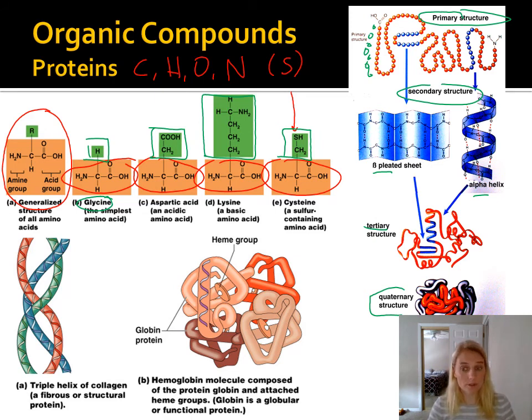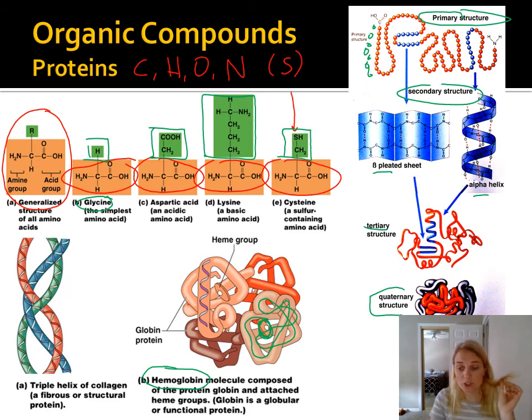Some examples of quaternary proteins: hemoglobin. Hemoglobin is a quaternary protein with 4 tertiary blobs. I'll try to track this one right here. It's folded, and it's got the iron-containing heme in the middle. That's where the oxygen binds. So there are 4 of those blobs, and that makes up your hemoglobin.